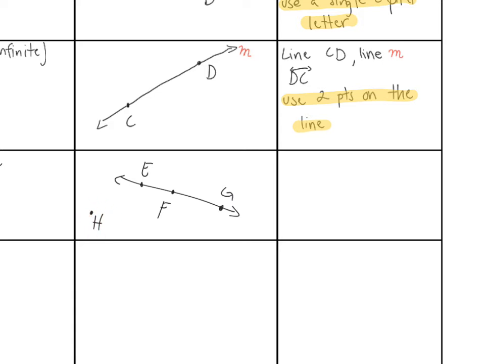So what we can say is points E, F, and G. Please make sure that you list them using commas, because we're going to get to a moment where we'll use multiple letters to name and we don't want to be confused. Points E, F, and G are collinear. Notice how I did not list point H because point H isn't on that same line.